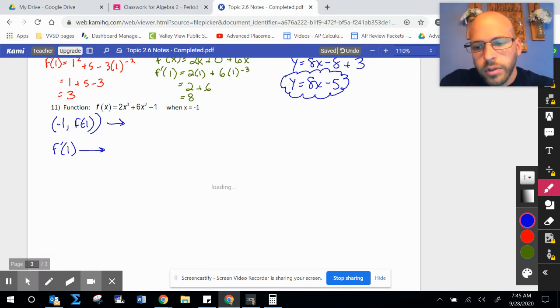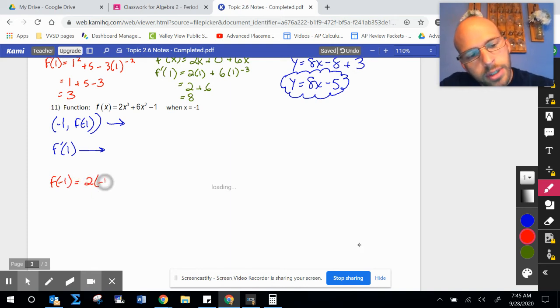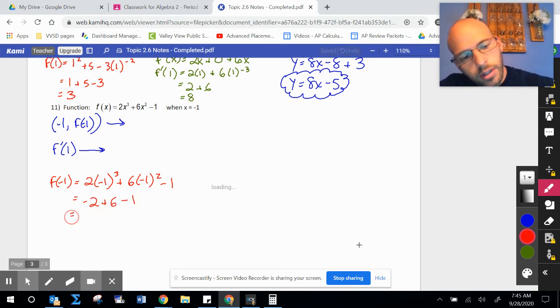So let's use red here. I'm going to change colors. Okay, so f of negative 1 would be 2 times negative 1 to the third plus 6 times negative 1 squared minus 1, which is a negative 2 plus 6 minus 1, which gives me 3.